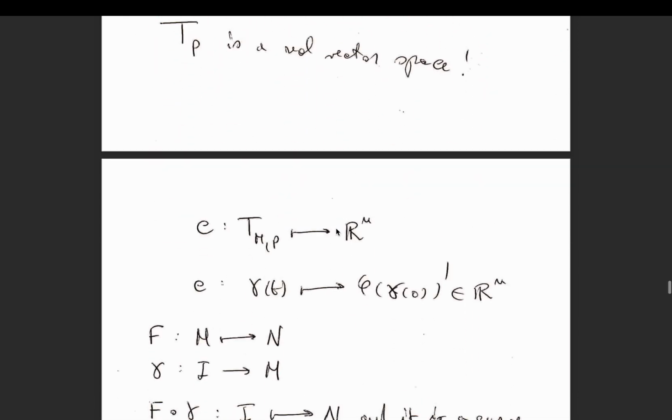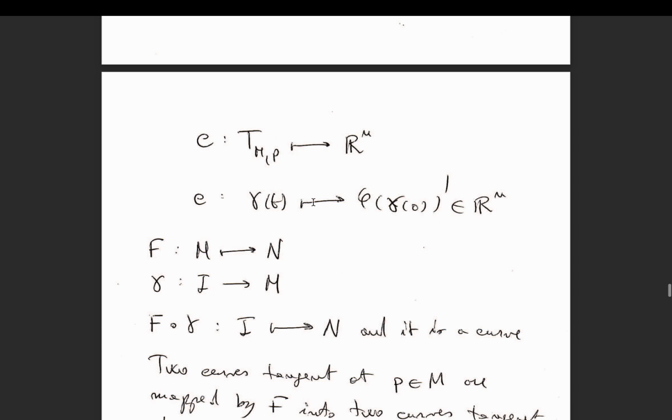For each equivalence class gamma, we associate the derivative of phi composed with gamma computed at t equals 0. This is a natural identification. So it is actually a real vector space of dimension equal to the dimension of the manifold.